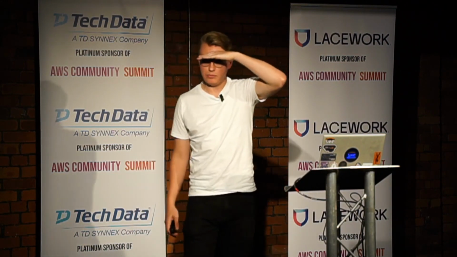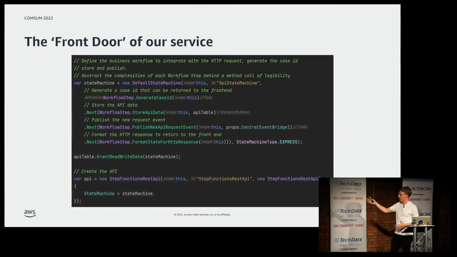So that's a really good question. When it comes to IAM with the CDK, if you look at that line there, most of the constructs in the CDK have methods that simplify how you add IAM. So you see there I've got a DynamoDB table, I'm granting read-write from my DynamoDB table to my workflow. So in terms of actually defining the IAM and understanding IAM as a developer, there's methods built into the CDK to kind of simplify that.